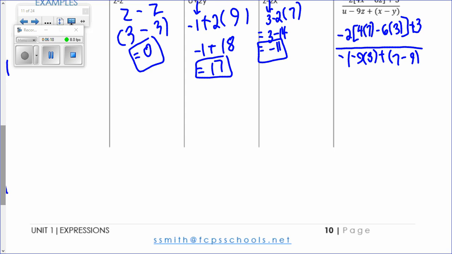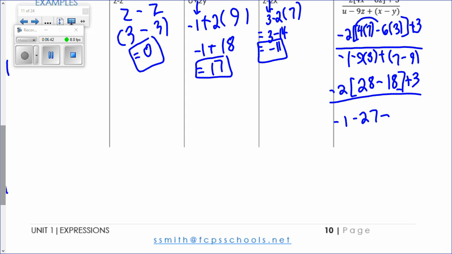All right. So looking at the top part, I'm going to do this first. So negative 2, hard bracket, 4 times 7 is 28, minus 6 times 3 is 18, plus 3, divided by negative 1, negative 9 times 3 is negative 27, plus 7 minus 9 is negative 2. Okay? Now, put my equal sign out front.